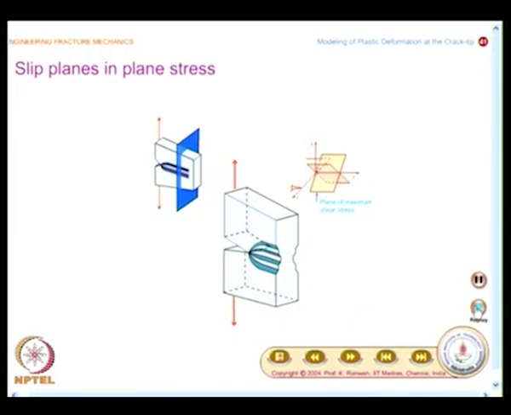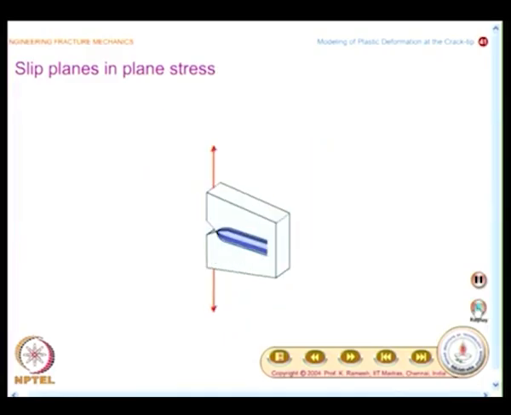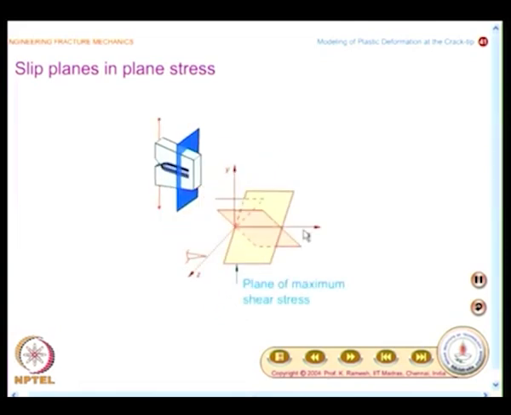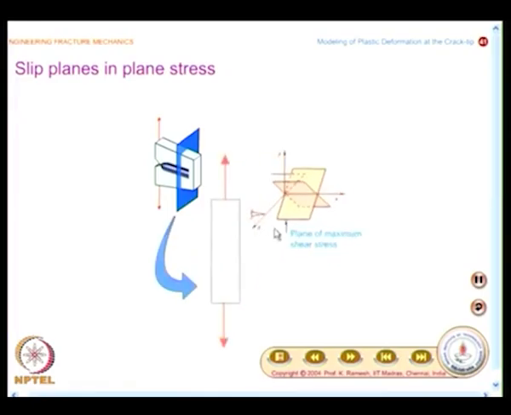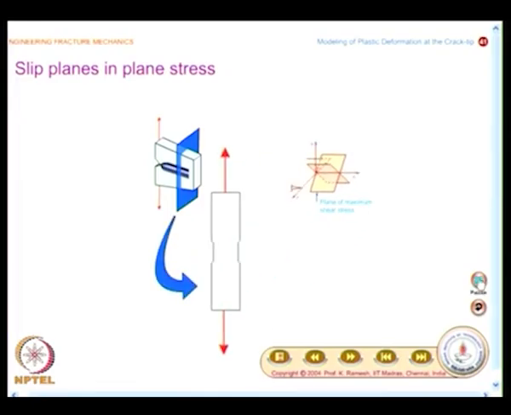So, what I would do is I would repeat the animation for this. We are looking at a plane ahead of the crack, I said the planes of maximum shear stress is different. This dictates how the slipping will take place, and this picture is easier to draw. I would appreciate that you draw this rather than a 3-dimensional picture.